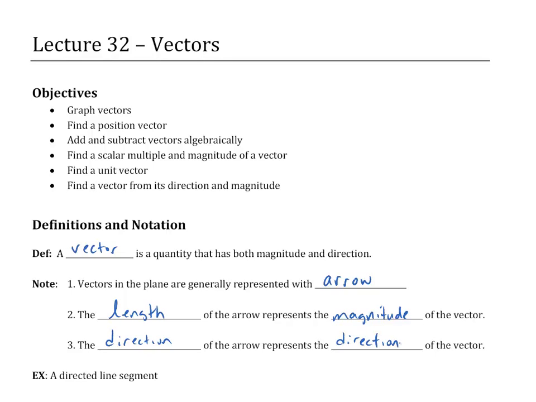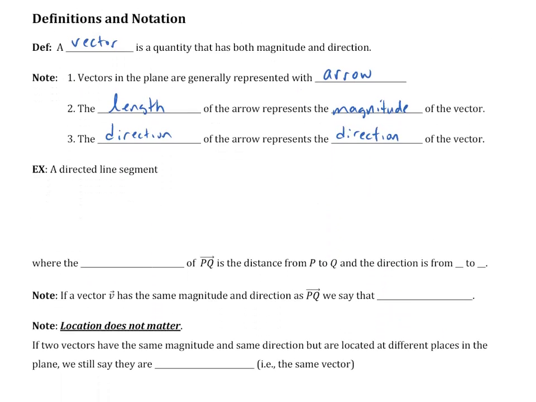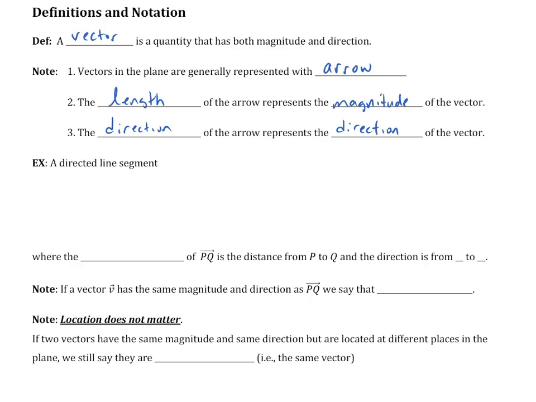Since this mathematical quantity has only two properties, magnitude and direction, an arrow is a very natural tool to represent that mathematical quantity. We can also think of it in terms of the geometry related to points in the plane.